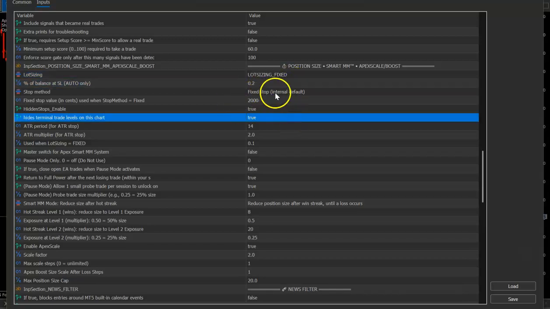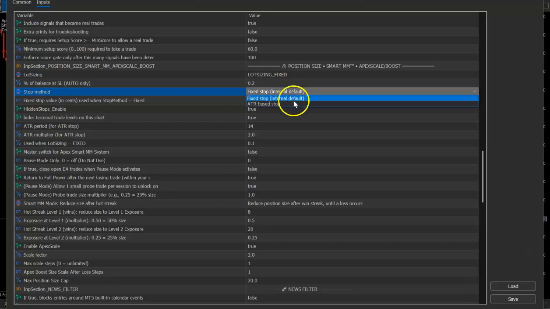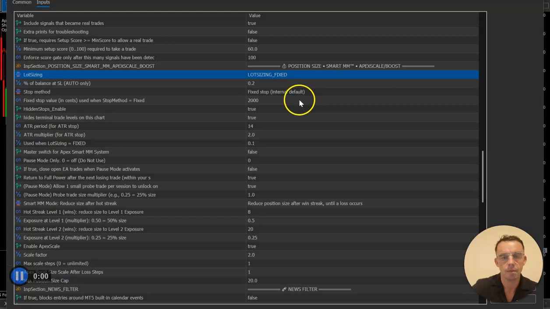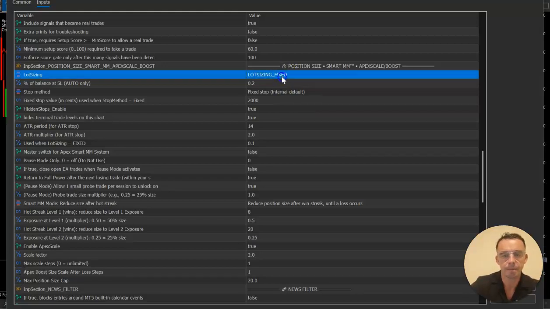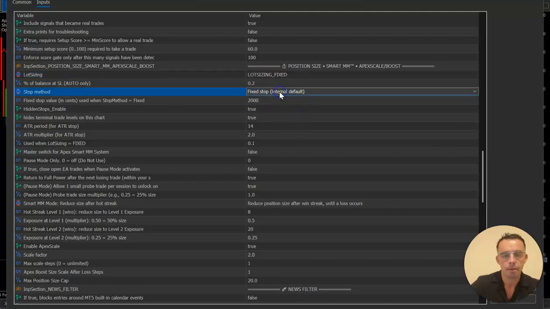Next is two types of risk per trade. We have fixed stop and ATR based stop loss.